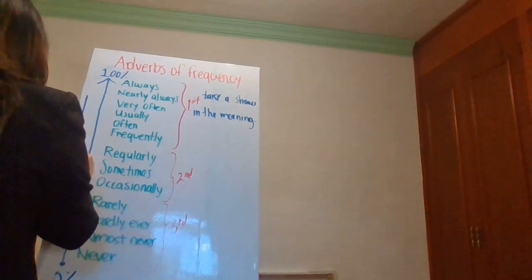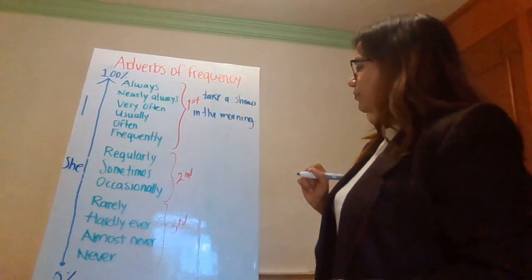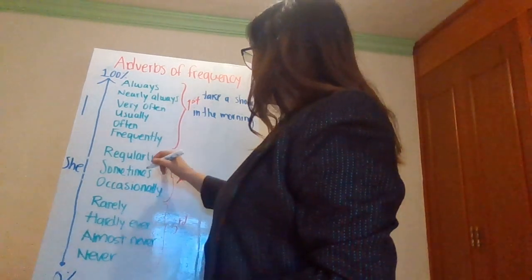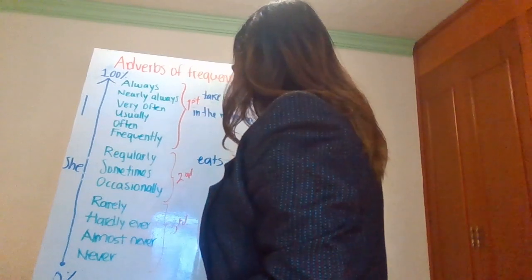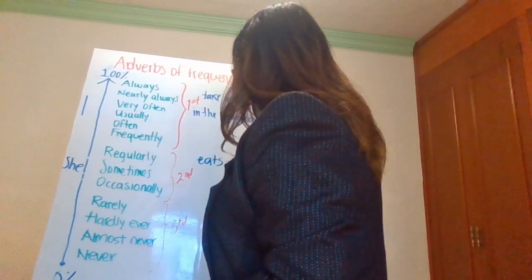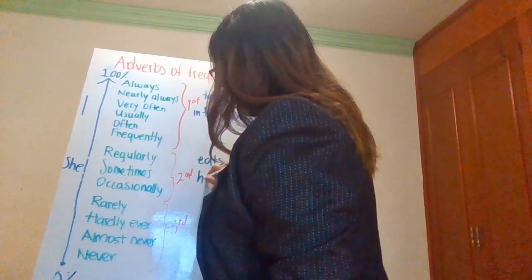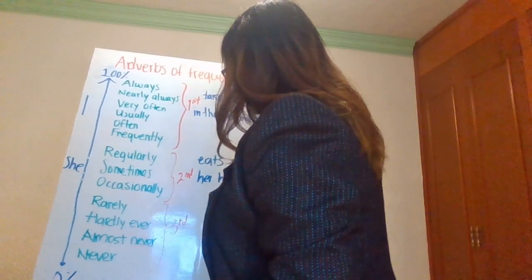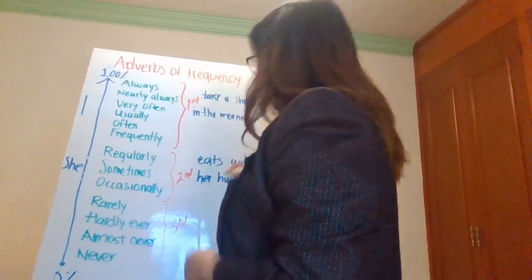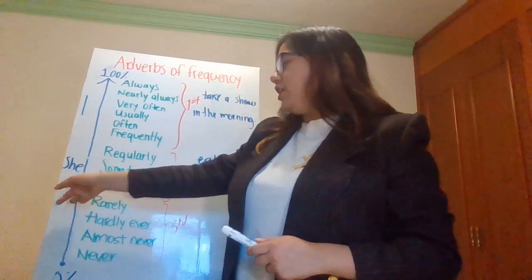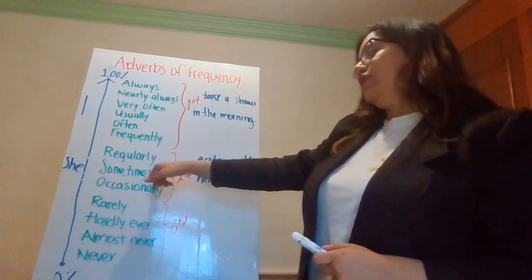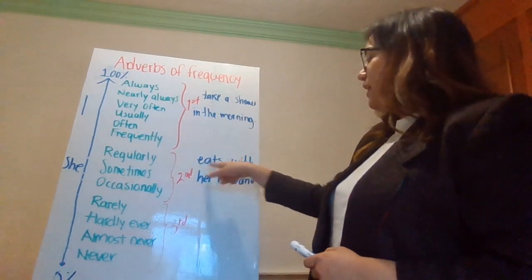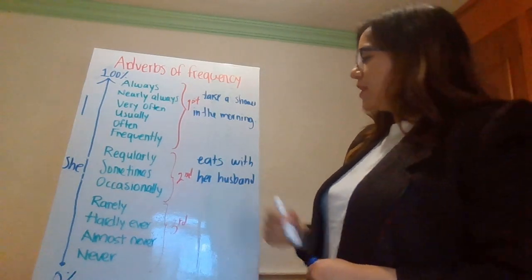And the second one, I'm gonna use she. Okay. She regularly eats with her husband. Okay? We say she regularly or sometimes or occasionally eats with her husband.